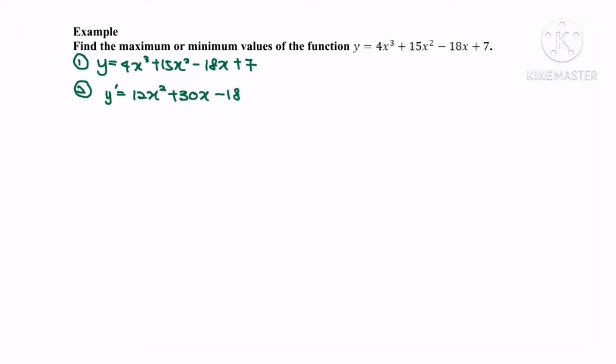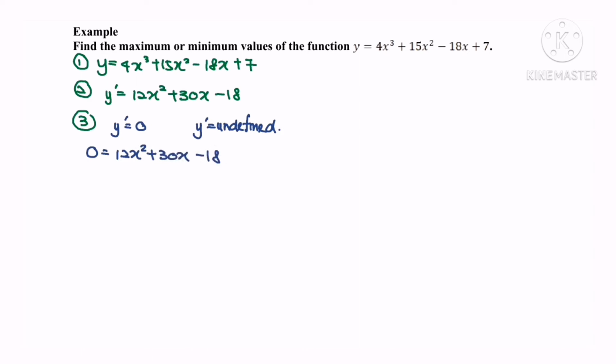Step number 3 is to find the critical numbers or critical points. How to find the critical numbers? y prime must equal 0, or y prime is undefined. So in here, y prime equals 0, where we have 12x squared plus 30x minus 18.